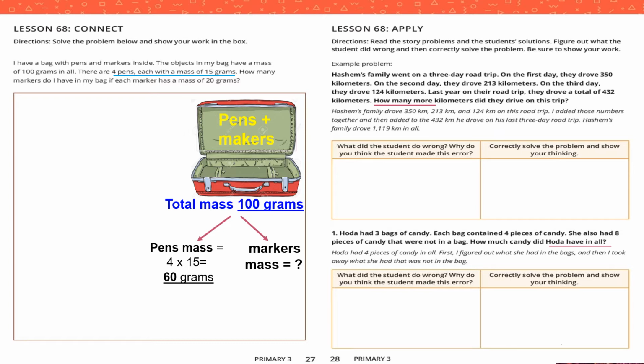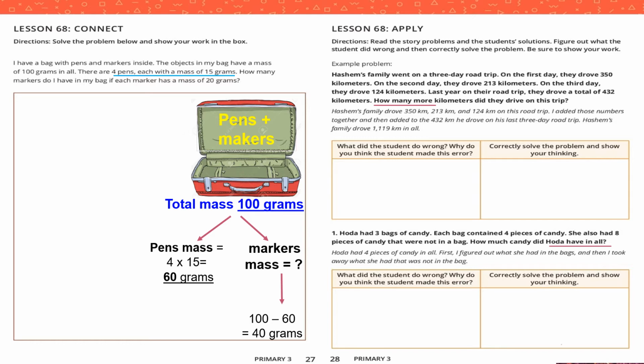We want to know now the markers' mass. Each marker has a mass of 20 grams. So for the total mass of markers, I will subtract the mass of pens from the total mass, which is 100, because the total mass contains pens and markers.